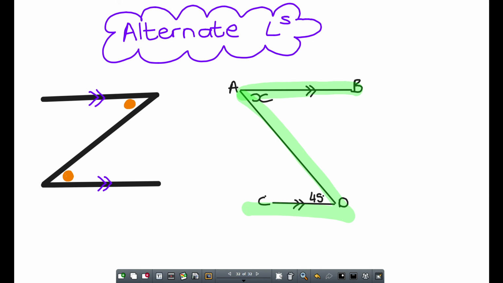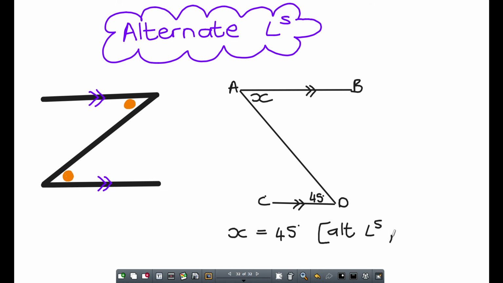Do you see that? Which means that the angle in this corner will be the same as the angle in that corner. So I can go and say X will be equal to 45 degrees. Your reason will be, okay, but we don't have to write out the whole word. We just say alt angles. And the parallel lines would be AB parallel to CD.